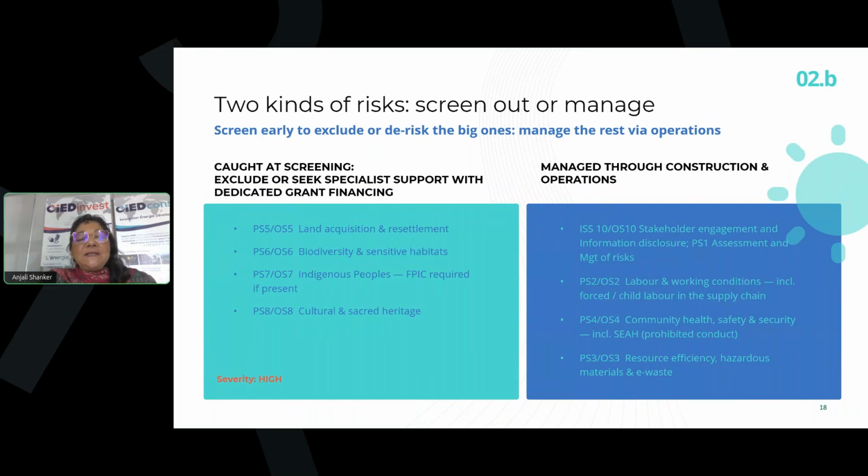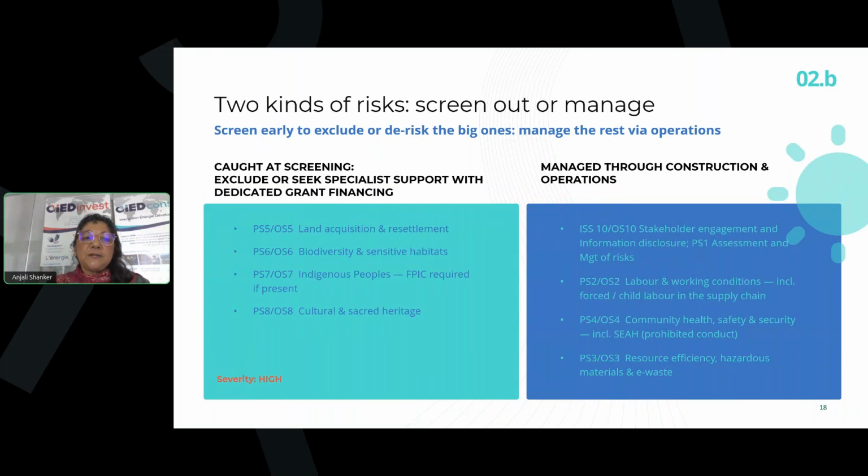In any case, the general operations will be managed during the lifetime of the project. So basically, major challenges related to land acquisition and resettlement, related to biodiversity and sensitive habitats, related to indigenous people issues, related to cultural and sacred heritage.